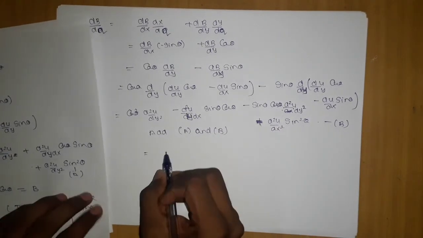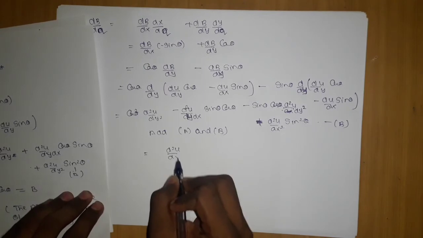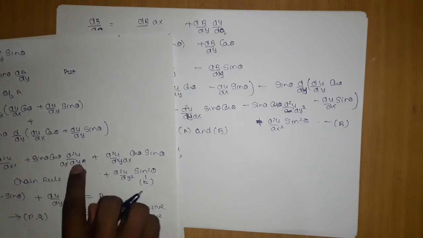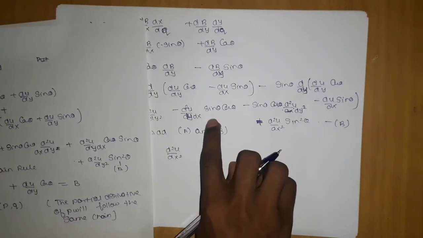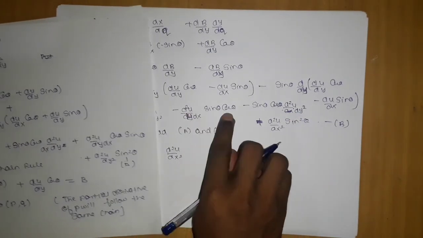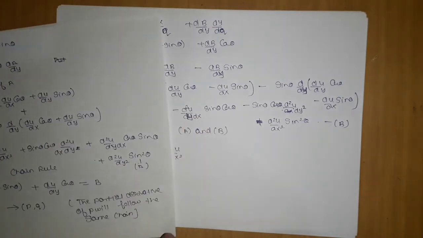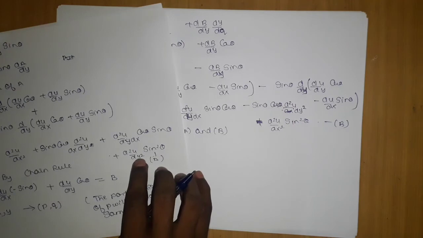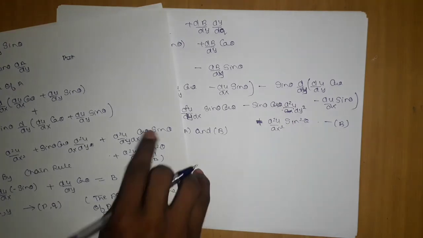So I know that dou square u by dou x square will be left only. So here sin theta cos theta dou square u by dou x dou y, and here minus dou square u by dou x dou y sin theta cos theta. So this term will cancel out. Similarly here plus dou square u by dou y square sin square theta into cos theta.